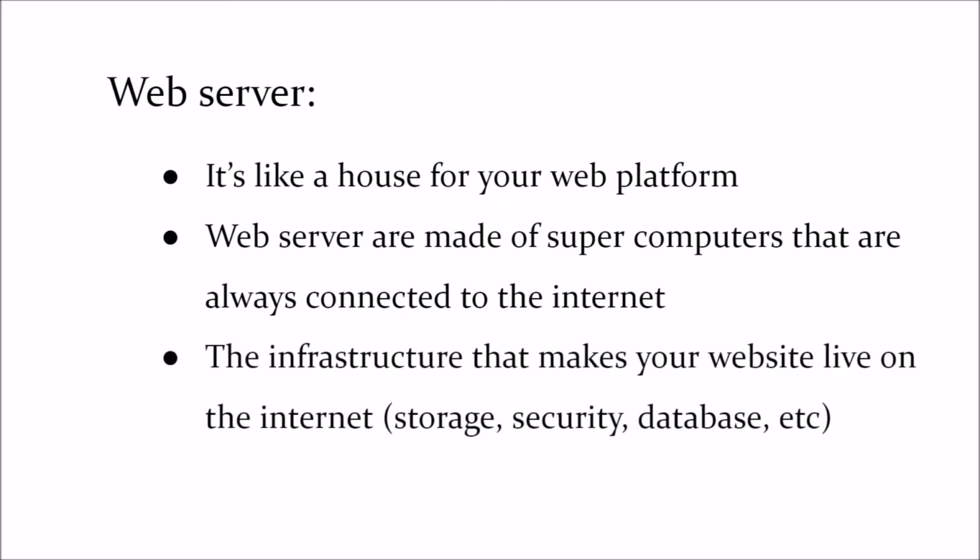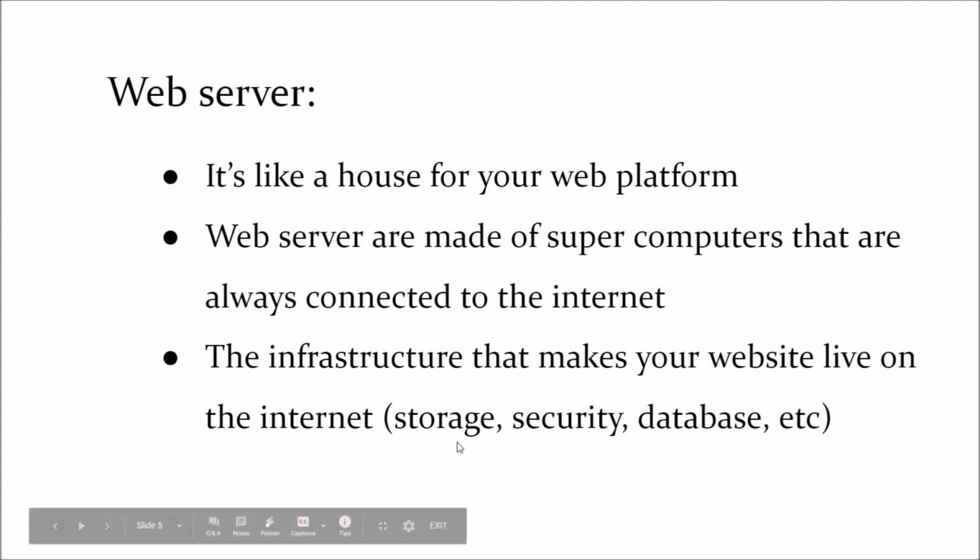Now web server also makes available all the infrastructure that makes your web platform live on the internet, including storage devices. Your web platform is going to be made up of content, images, text, videos, and all that. So you can store all these things in your web server. That is the storage aspect of your web server.